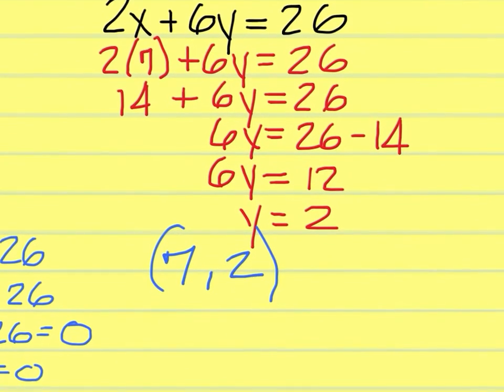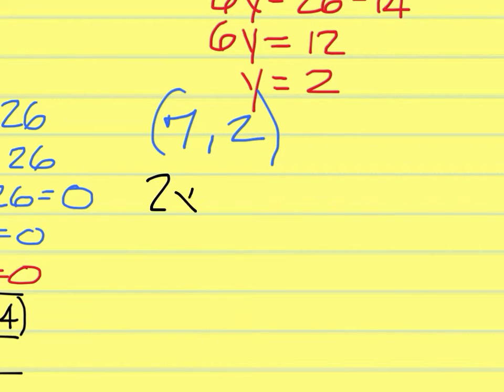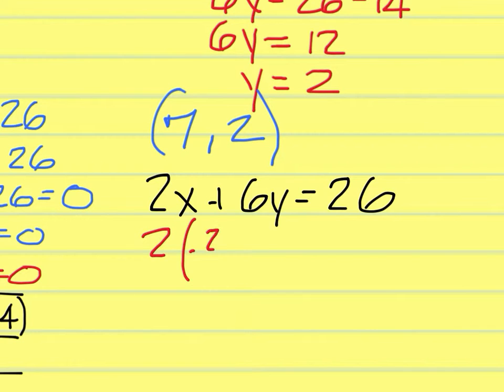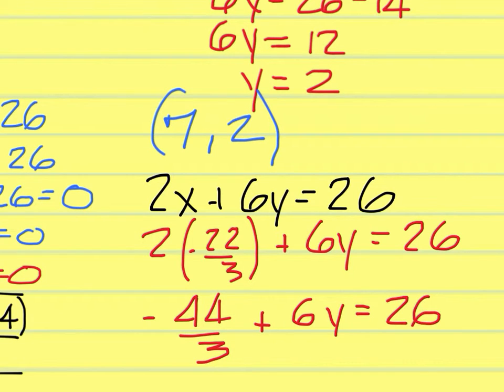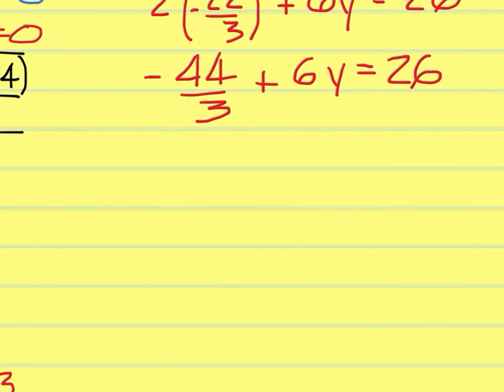Now 2x plus 6y equals 26. We're going to plug in negative 22 over 3. And that gives us a negative 44 over 3 in that position. We're going to have to move that over to the right side.